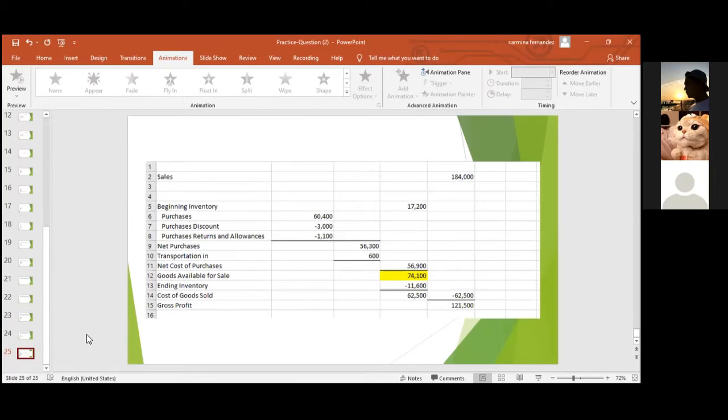So, meron tayong net purchases na 56,300. And i-add natin yung transportation in. Hindi natin papakialaman yung transportation out kasi part siya ng operating expenses. So, meron tayong net cost of purchases na 56,900. So, i-add natin yon sa beginning inventory para makuha yung goods available for sale.